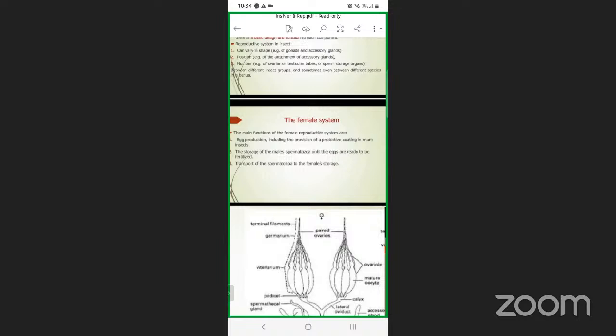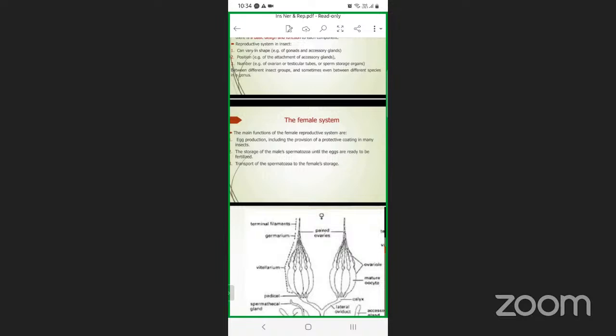The germarium contains the oogonia that divide mitotically and become primary oocytes. And here we see the nutrients like yolk from the hemolymph deposited in the mature egg. So the yolk is taken up by the oocyte through endocytosis.